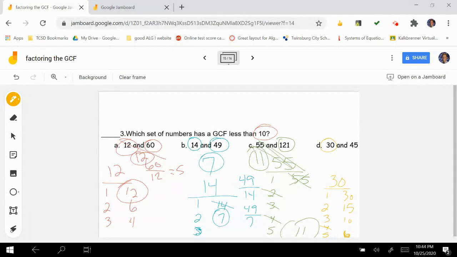Does 30 go into 45? No. Does 15 go into 45? Yep. So my GCF here is 15. So I had to work out A, B, C, and D. And I see that the only one that's less than 10 is B. So B would be my answer.